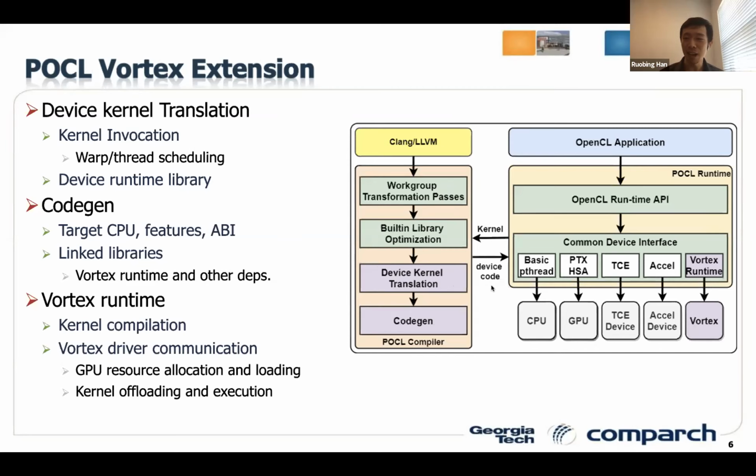Then at execution time, POCL uses the Vortex driver to communicate with Vortex. It sends the device kernel generated in the compilation process to the Vortex backend device, and also uses the Vortex driver to launch the kernel and do memory movement between the host side and the device side. So this is the whole process of POCL execution on the Vortex backend device.